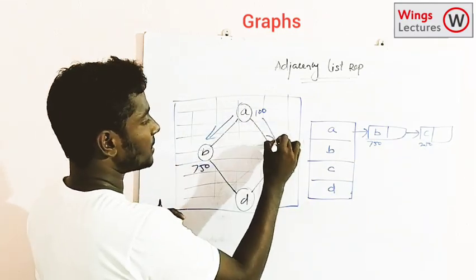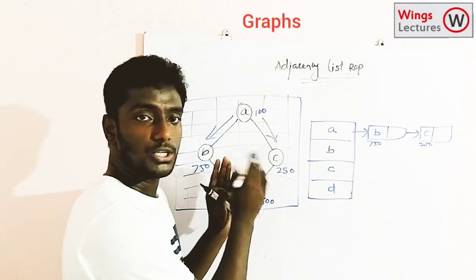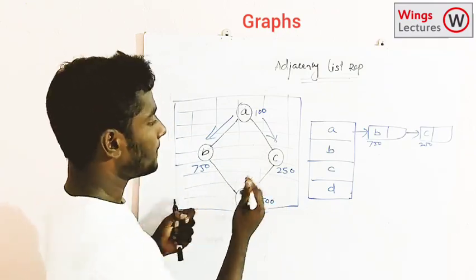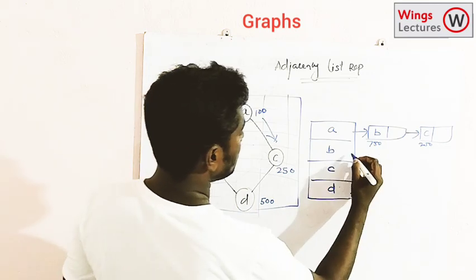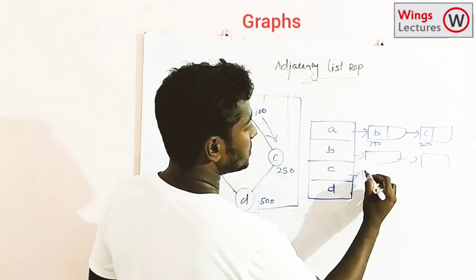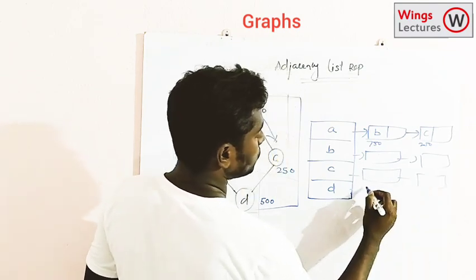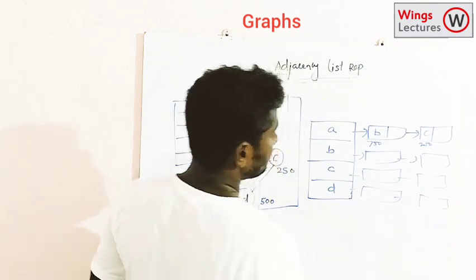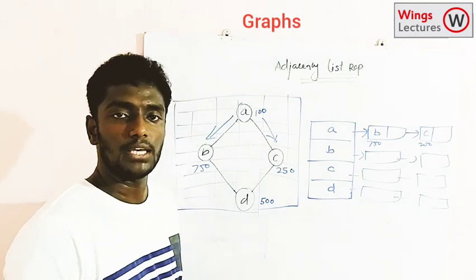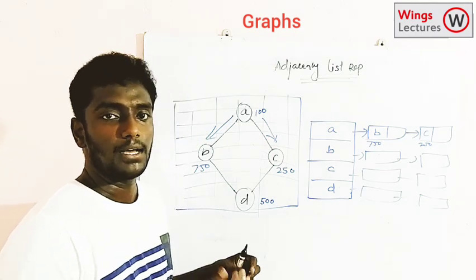So there is a connection; we are just providing connections between the vertices. And for B as well there will be 2 nodes, for C also 2, and D 2. Right, so this is how we are going to represent a graph by using an adjacency list.